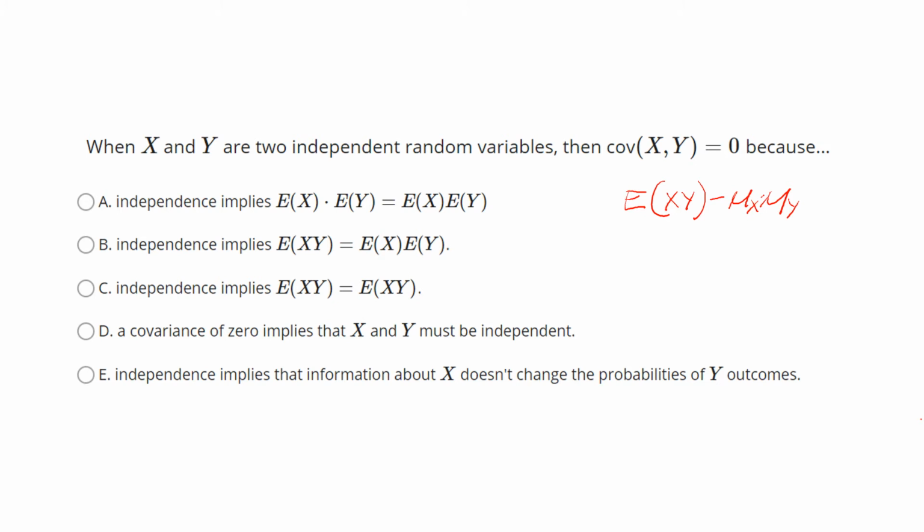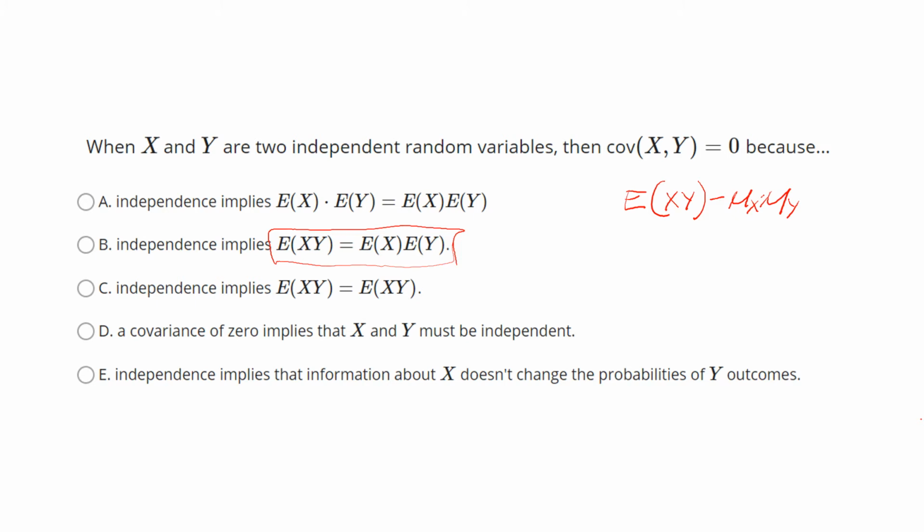One of the properties of independence is that under independence, the following holds: the expected value of X times Y equals the product of the respective expected values.